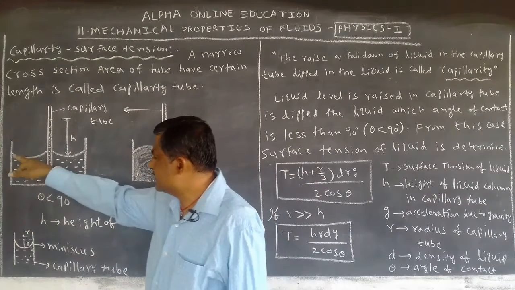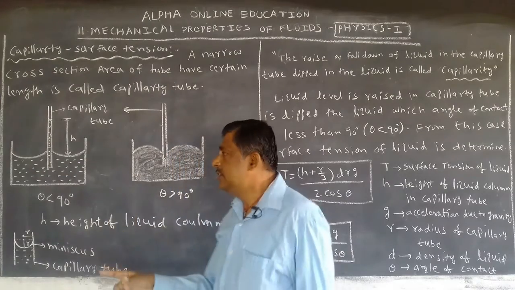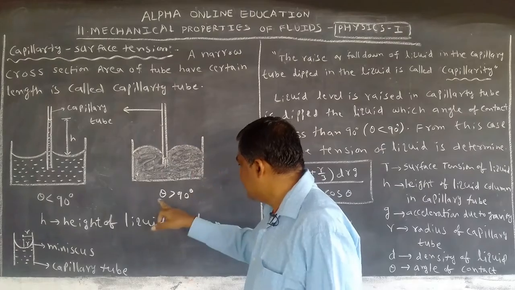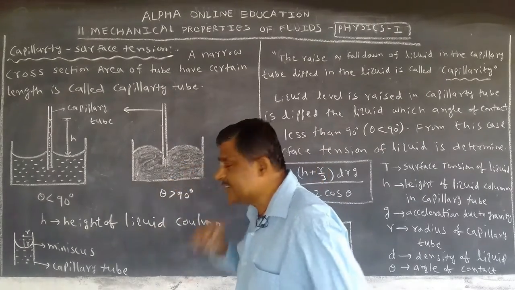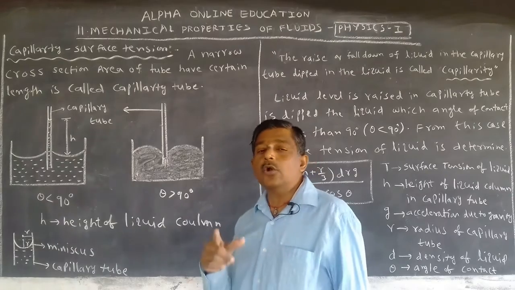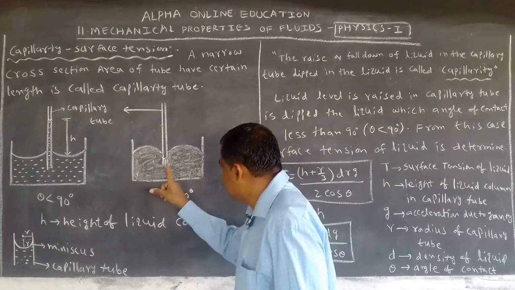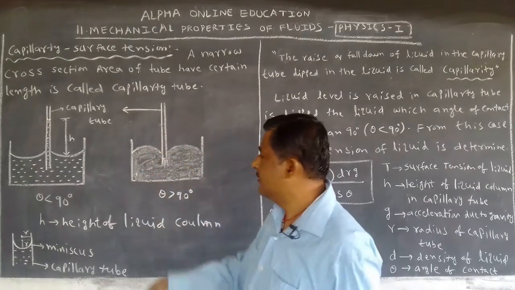And we know its surface has a concave shape. Now, dip the same capillary tube in a liquid whose angle of contact is more than 90. In this liquid, cohesive forces are greater than the adhesive forces, so the liquid level does not rise compared to its surface.